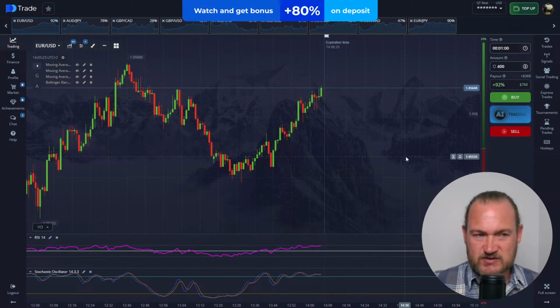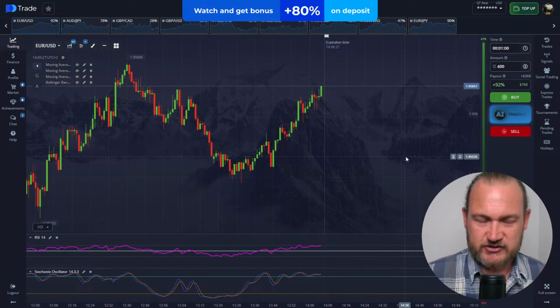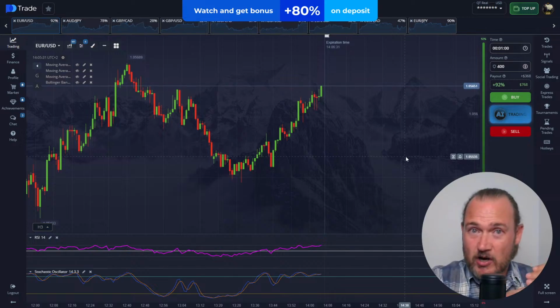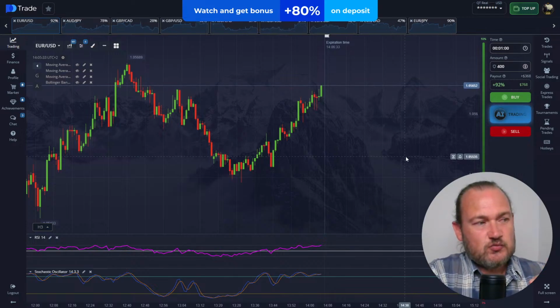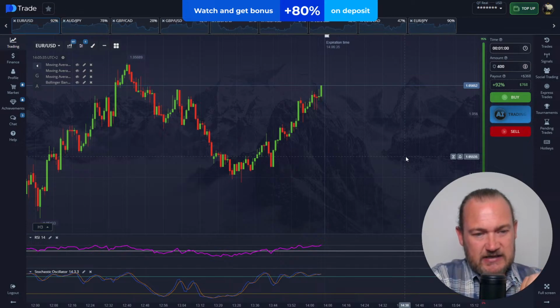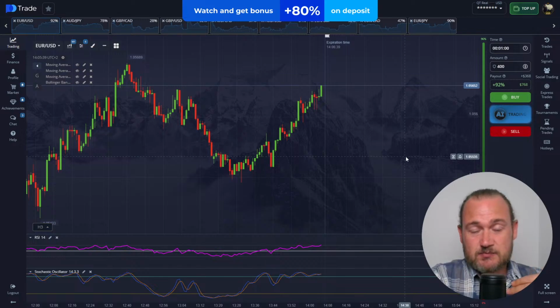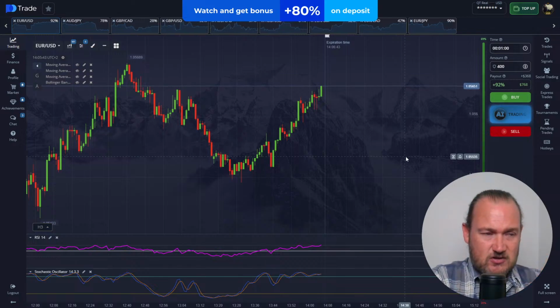The other kind of divergence we get is hidden divergence. Hidden divergence is a continuation signal, and this we will usually find in an area where price started moving in a direction, especially when this trend becomes well established and strong.